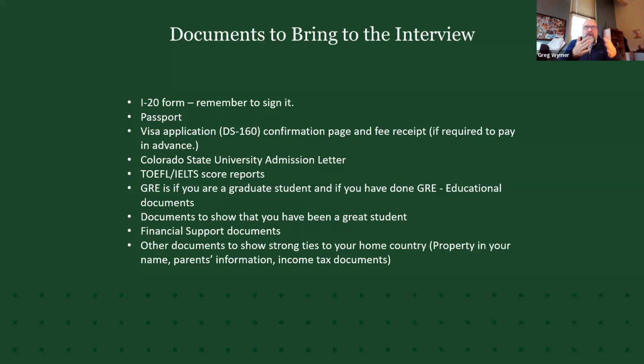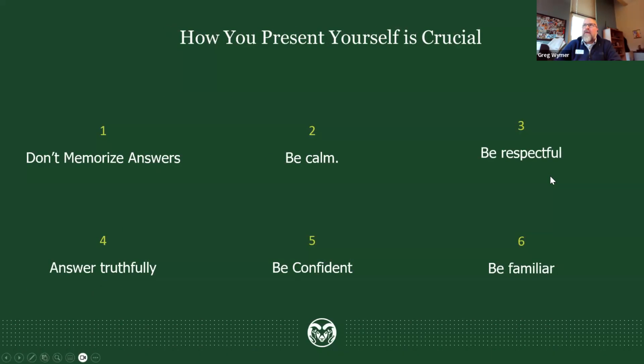This actual interview, or your conversation with the visa consulate officer, can make or break your ability to receive a visa. So it is very important that you present yourself in a specific way. So how do you present yourself? It is crucial how you present yourself.